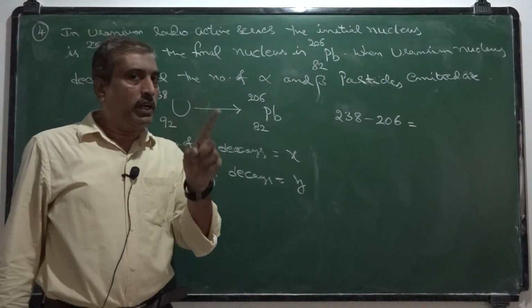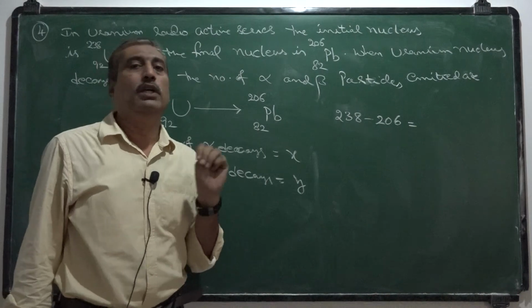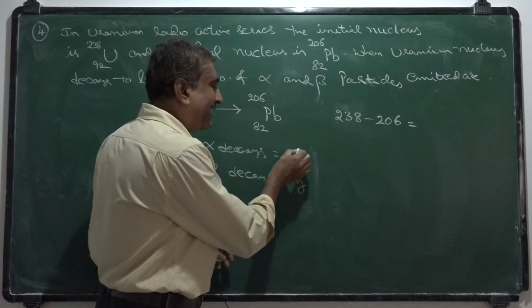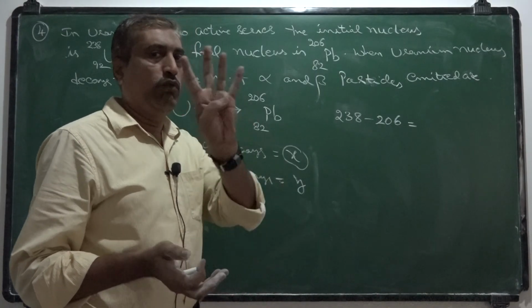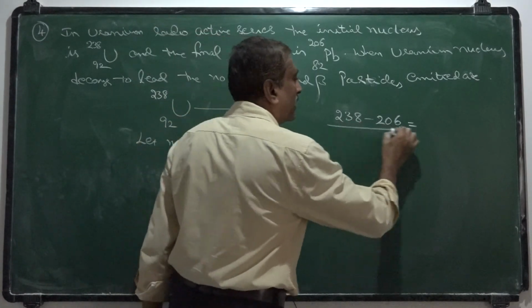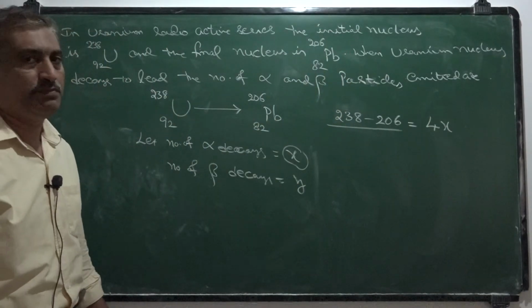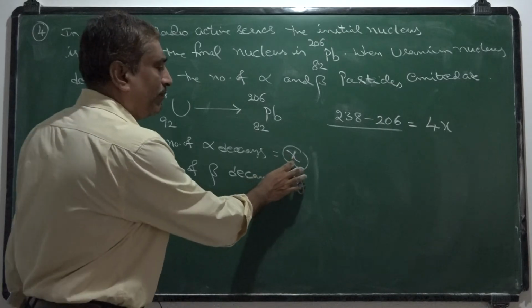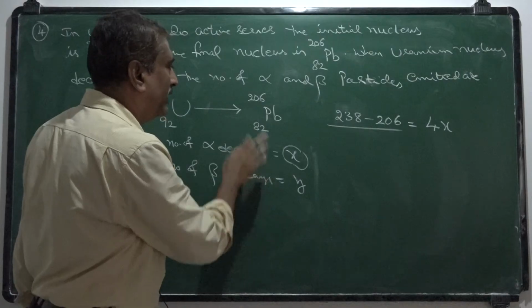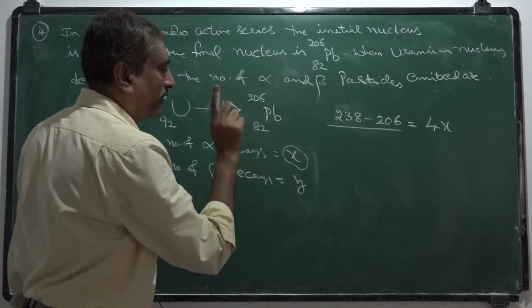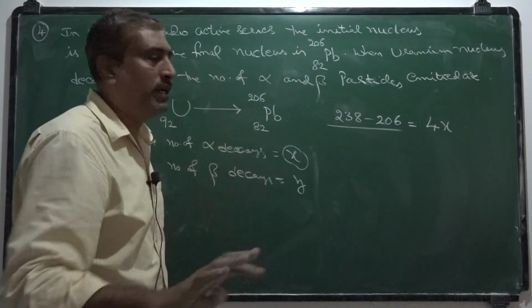For one alpha decay there is a decrease of 4 units of mass number.